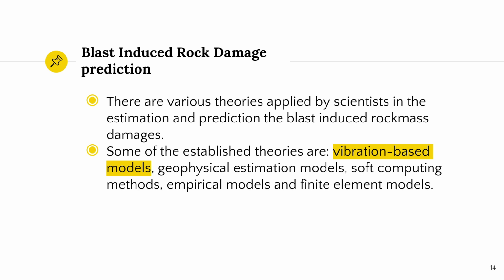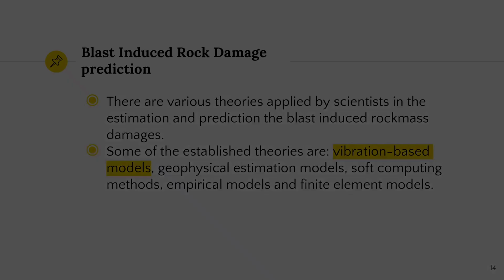There are various theories applied by scientists in the estimation and prediction of blast-induced rock mass damages. Some of the established theories are vibration-based models, geophysical estimation models, soft computing methods, empirical models, finite element methods, etc. Among these, the popular one is vibration-based models.